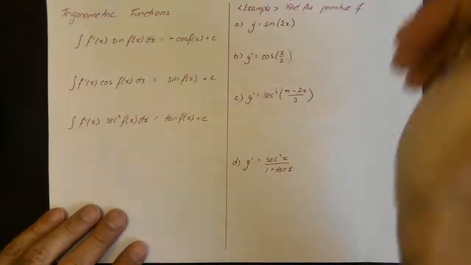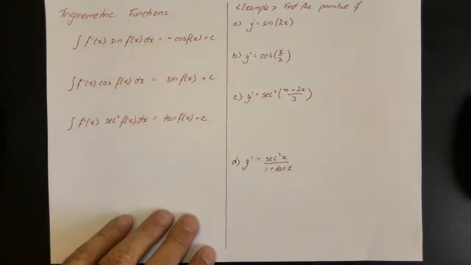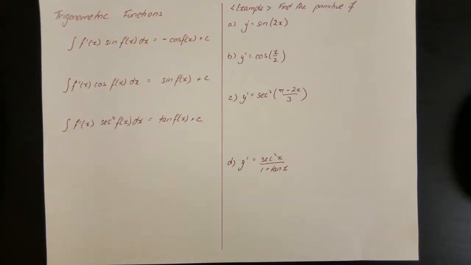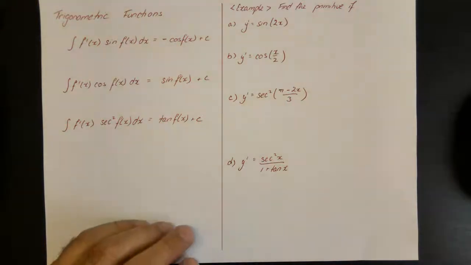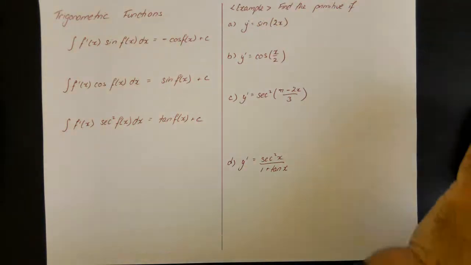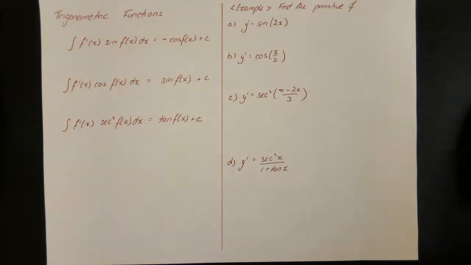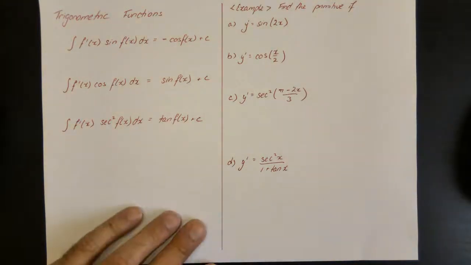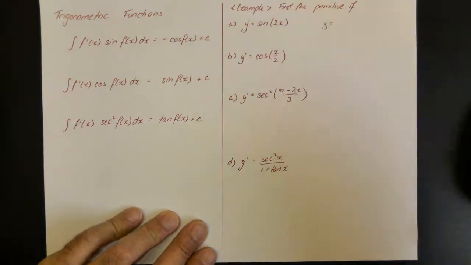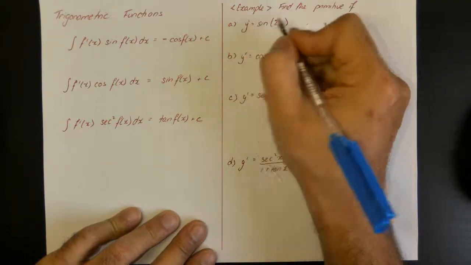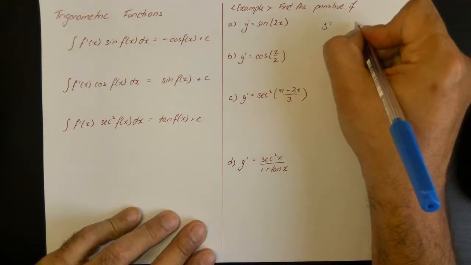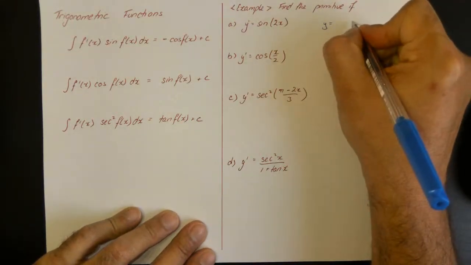Here are our trigonometric functions. So we've got sine, cos, and sec. Okay, my solutions. So for this one, y dash equals sine 2x. Well, that's just going to be the opposite, or the anti-differentiation of sine, which is negative cos.